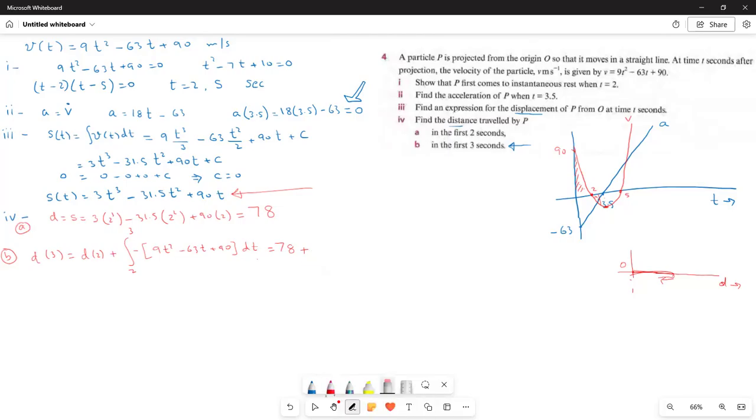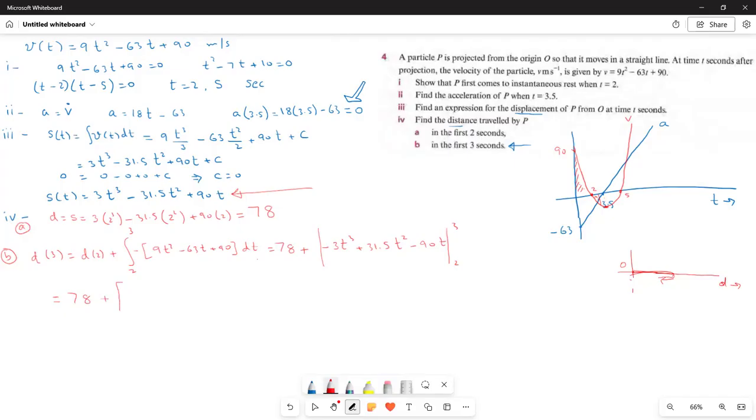So plus the integral of this thing, which is going to be negative 3t cube plus 31.5t square minus 90t, and it has limits from 2 to 3.